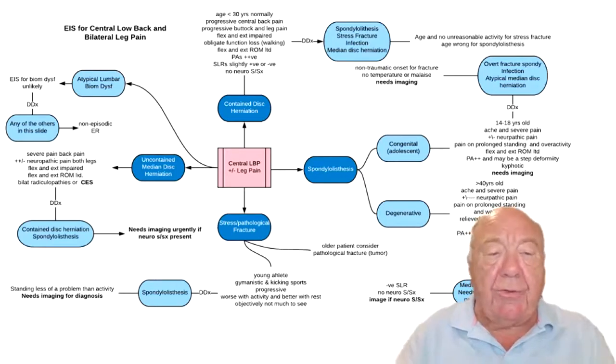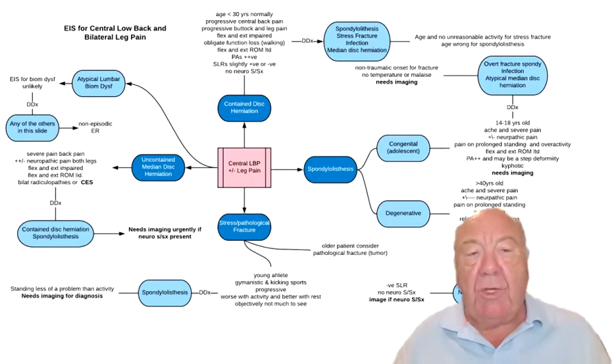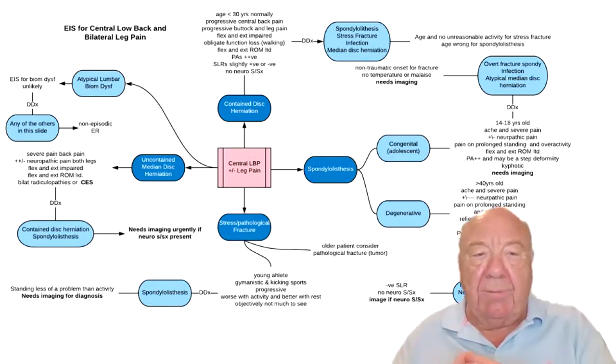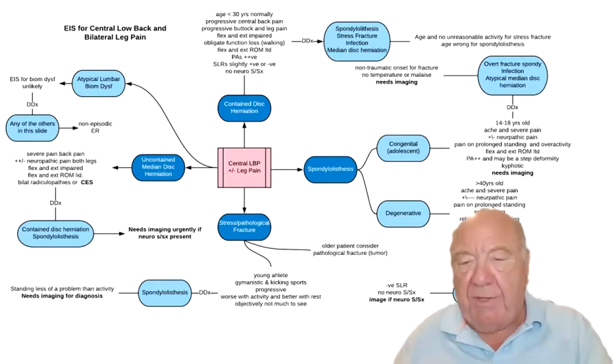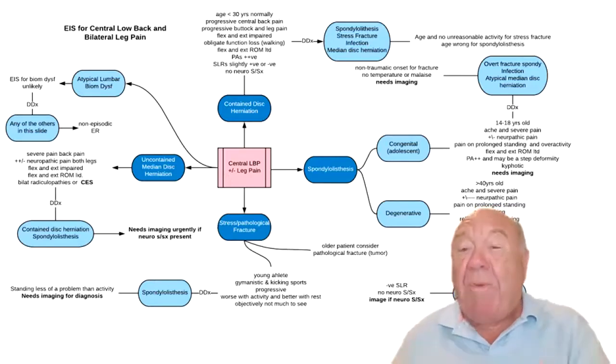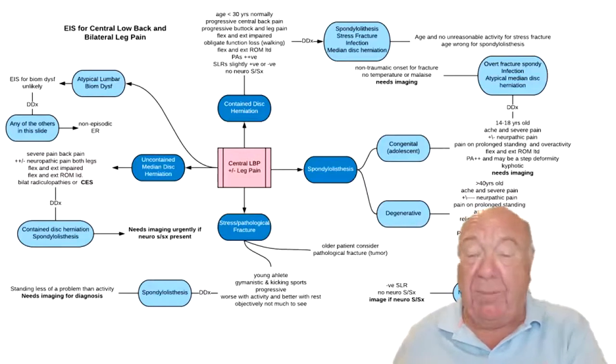The essential illness script for this will be severe back and bilateral leg pains, plus or minus neuropathic pain in both legs. It may not be there, it depends on how bad this pressure is, but the real risk is that it's going to be there at some time. These tend to be fairly large and they get large very quickly.